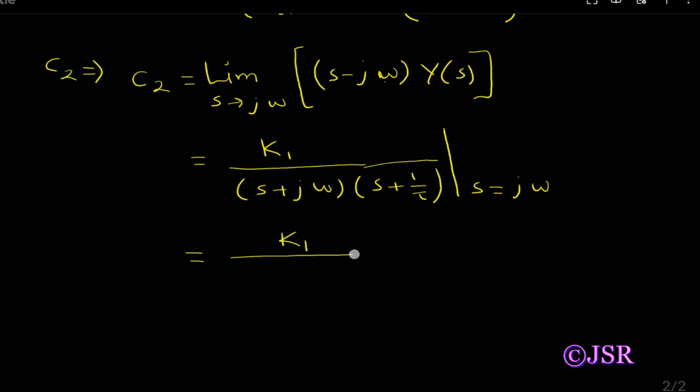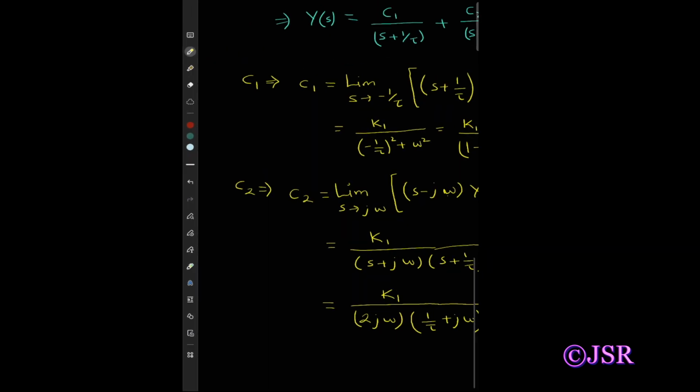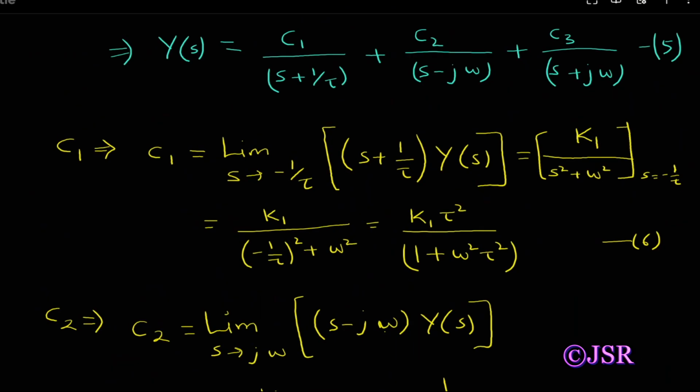So once we put s equal to j omega, we will get k1 upon 2j omega from the first term, and from the second term we will get 1 upon tau plus j omega.